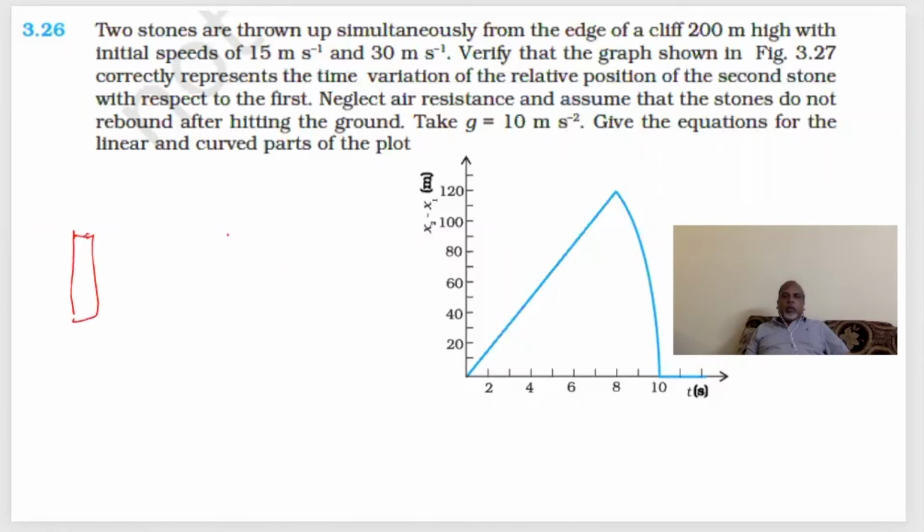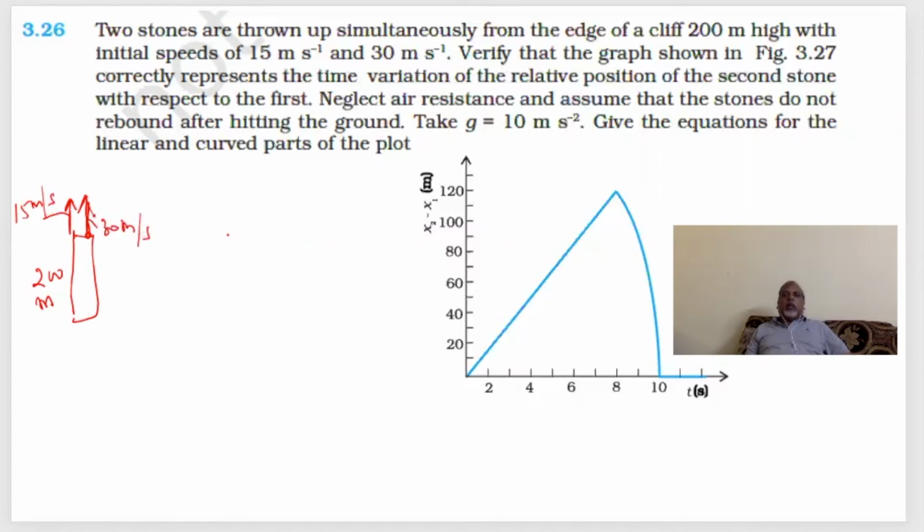This is 200 meter. Two stones are thrown like this. One is 15 meter per second, another one is 30 meter per second.